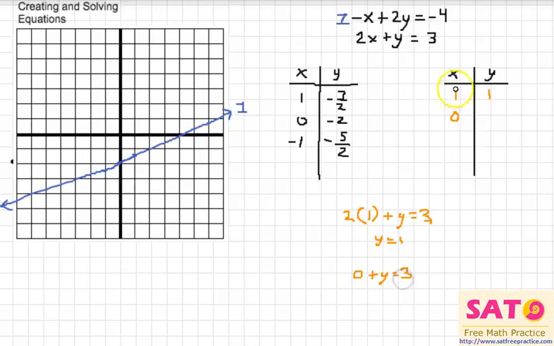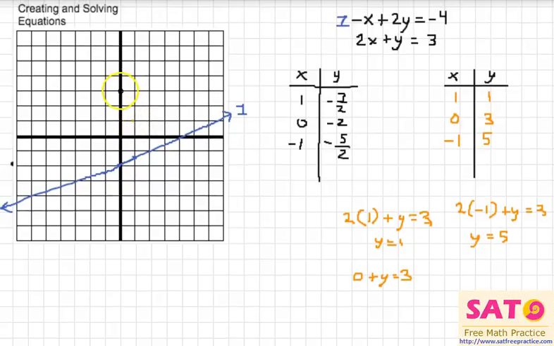And quite obviously, y equals 3. Lastly, negative 1. So 2 times negative 1 plus y equals 3. y equals 3 plus 2, which is 5. So the points are 1 and 1, 0 and 3, and negative 1 and 5.